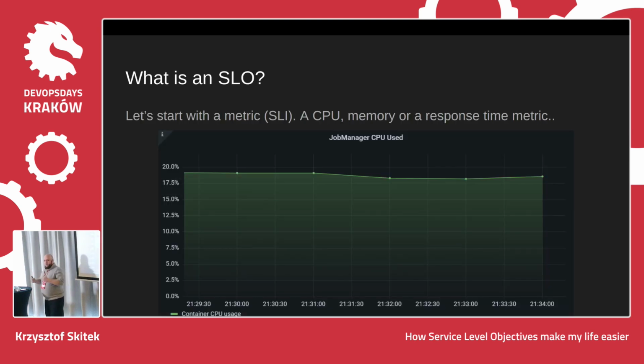But before we go further, I want to take a step back into something that you're all probably pretty used to, a screenshot from Grafana with a CPU metric. It can be CPU, memory, something that you're all seeing probably every day.